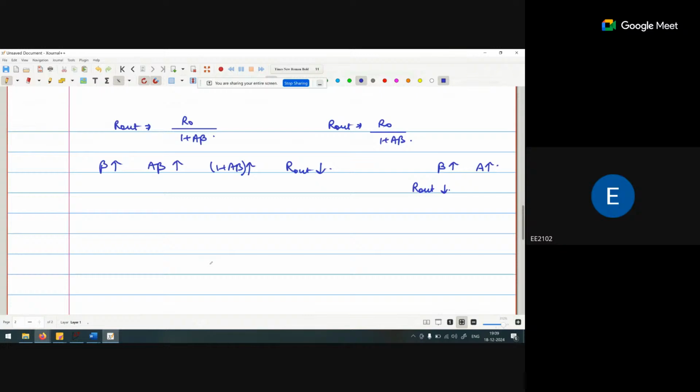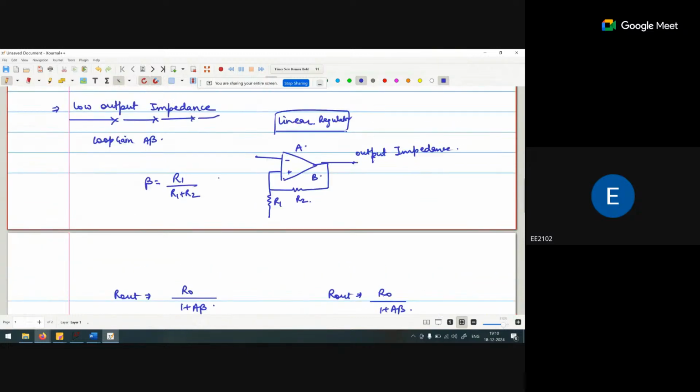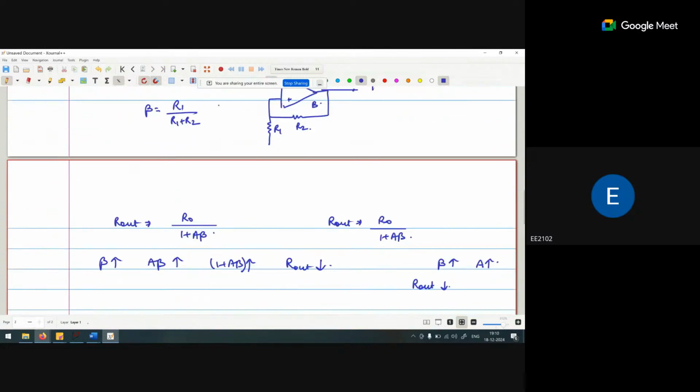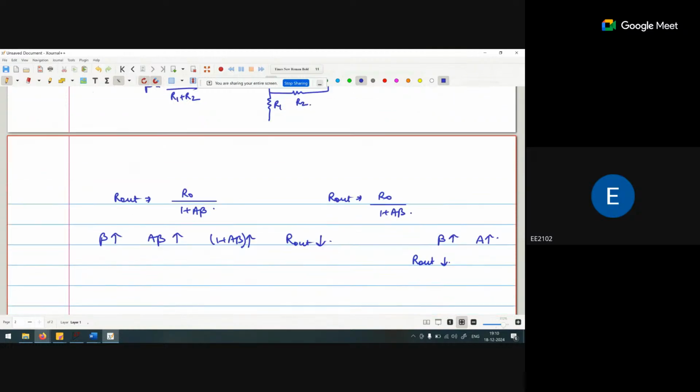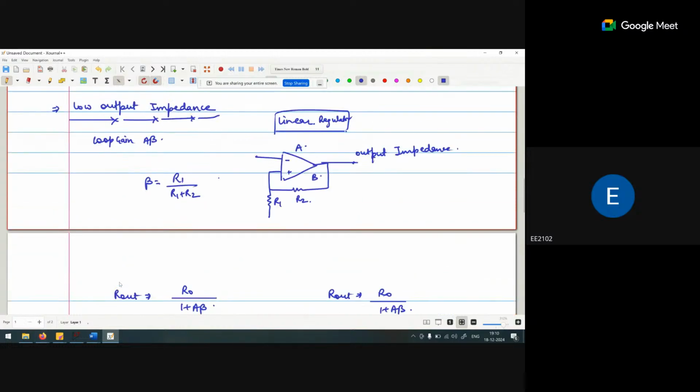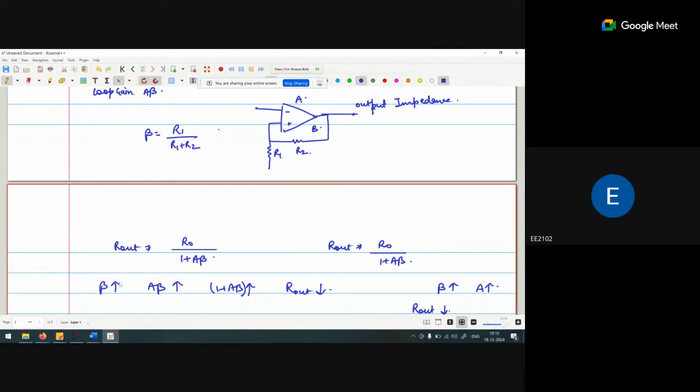Now we are saying, after that, what is the effect?